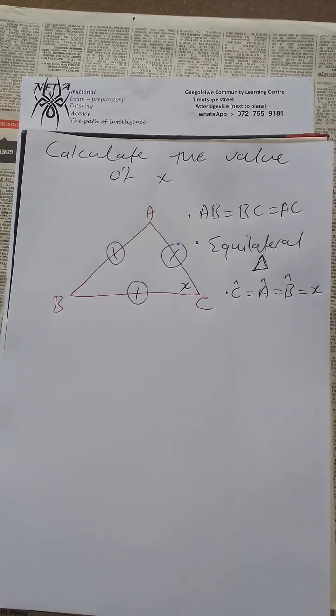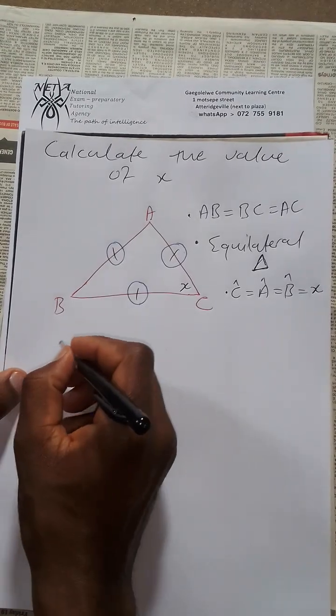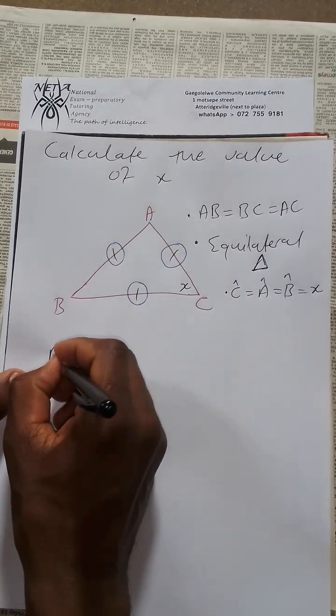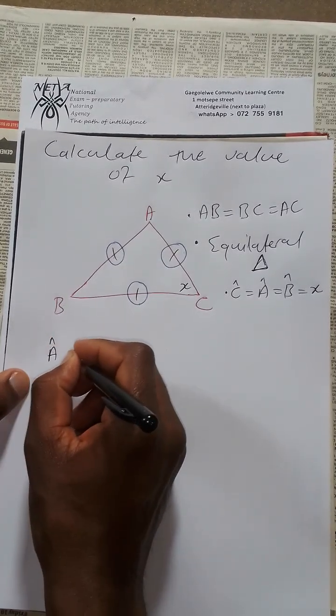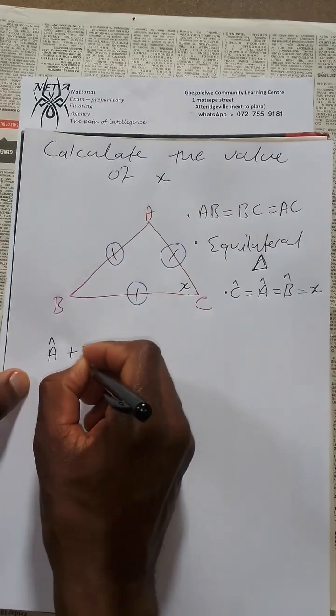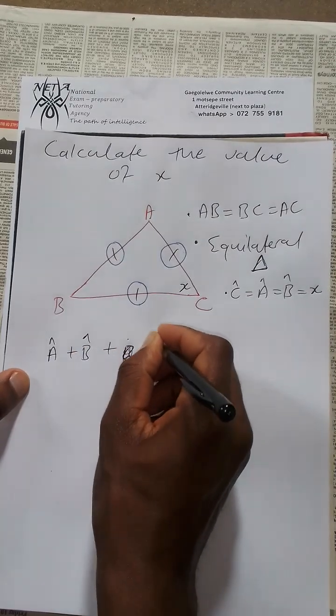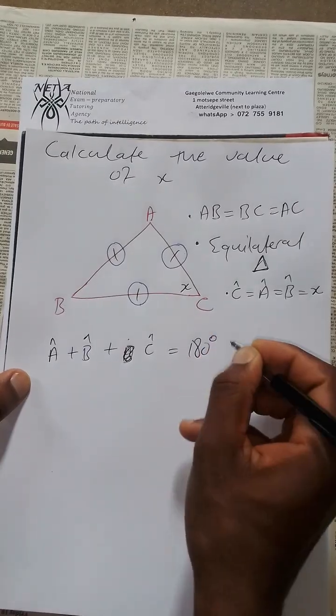Then we know that whenever we are given any triangle and we are asked to solve for an unknown value, the approach to apply is always to say that angle A plus angle B plus angle C are supplementary.